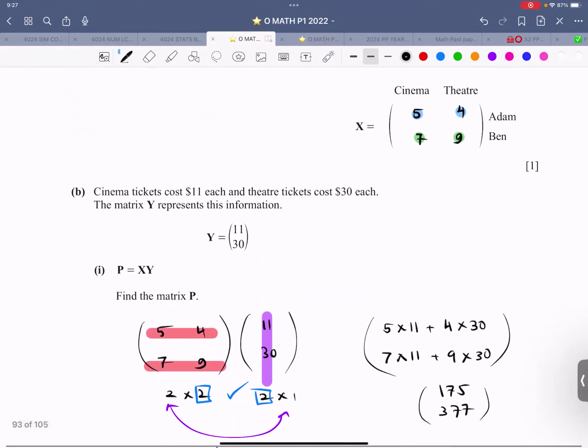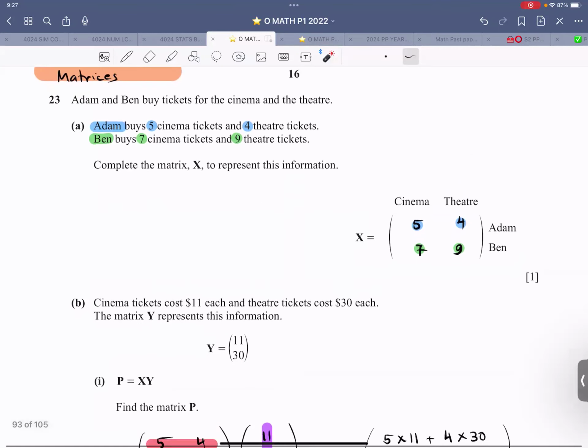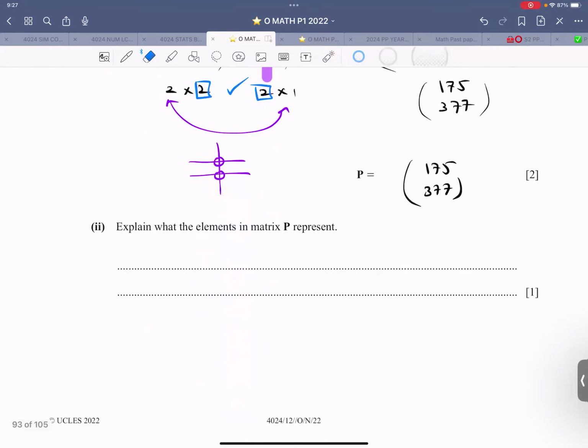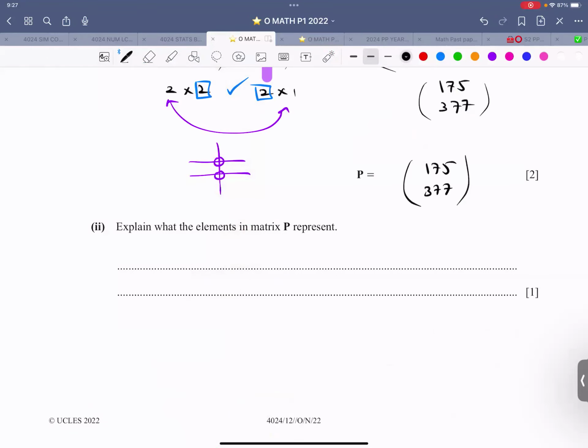Now, this is the data for Adam. This is Adam. And these are the prices for cinema and theater. So Adam buys 5 cinema and 4 theater tickets. So basically, let me just erase this thing. So elements 175, that is how much Adam spent on cinema and theater.